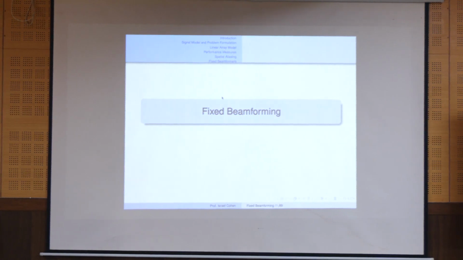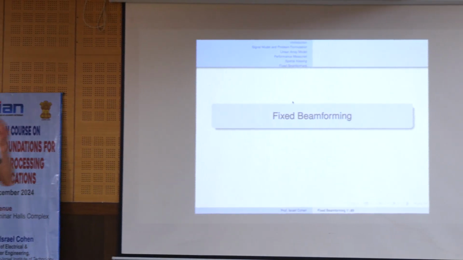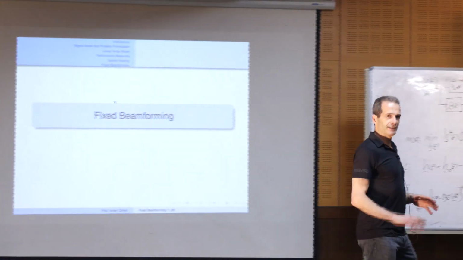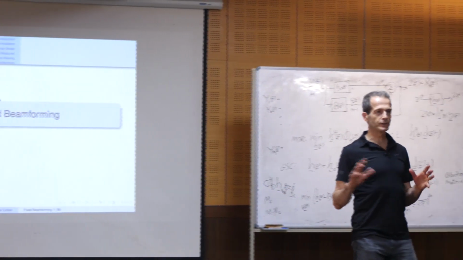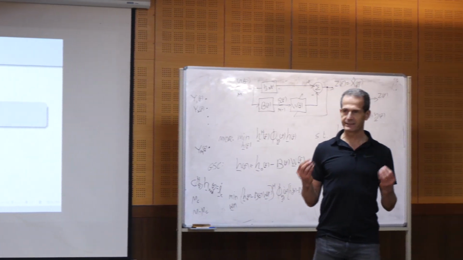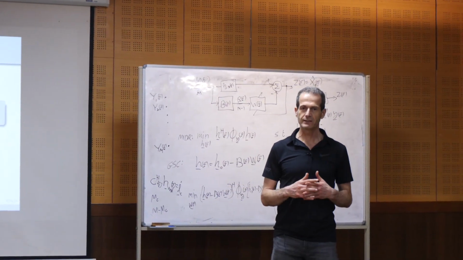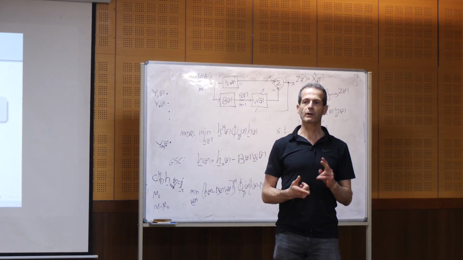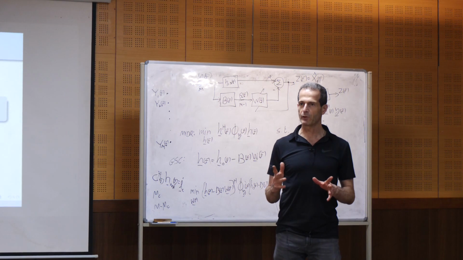Okay, now we move on to fixed beamforming. So I will show you that now, after you learned also the main things in array signal processing. The rest of what I'm going to talk about is fixed beamforming and adaptive beamforming.